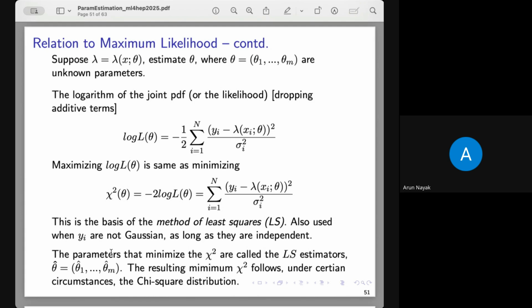The parameters that minimize the chi-square are called the least square estimators, theta hat, and the resulting minimum chi-square follows, under certain circumstances which we'll discuss later, the chi-square distribution, the probability distribution of the chi-square function that we discussed two classes before.